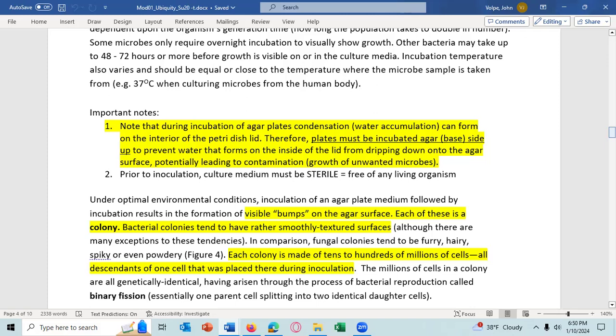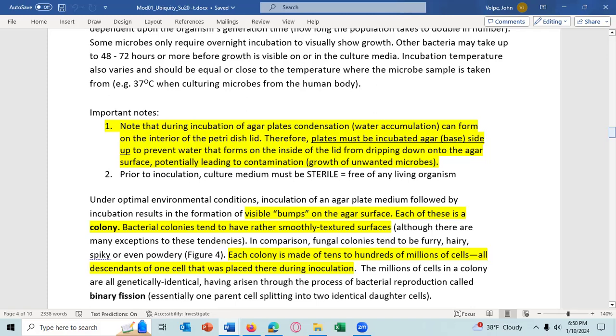So to prevent this dropping of water from the lid onto the culture, which would then spread the cultures on the plate, what we do is we incubate our plates upside down in the incubator.